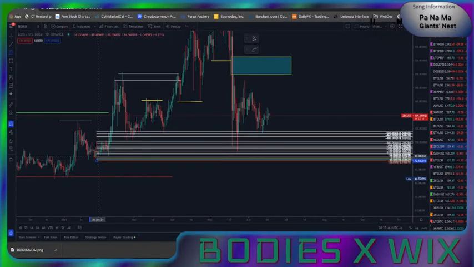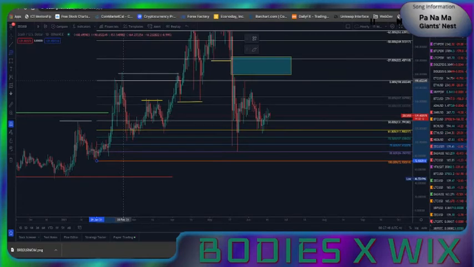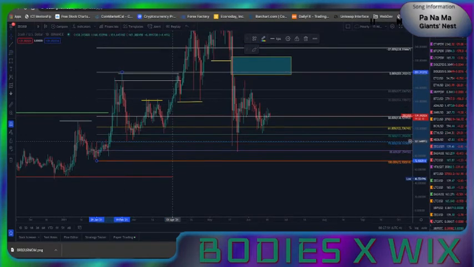Short term instead of long term. So we're going daily. All right, so daily, we're looking at the lowest low to the highest high. That is your dealing range right there, right? So boom, it comes up.